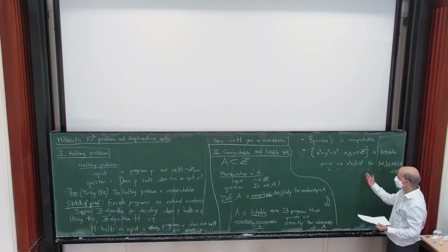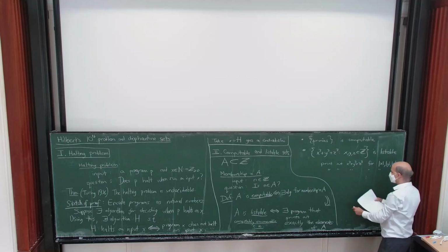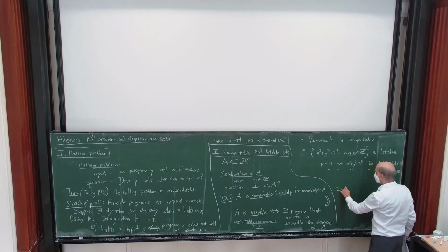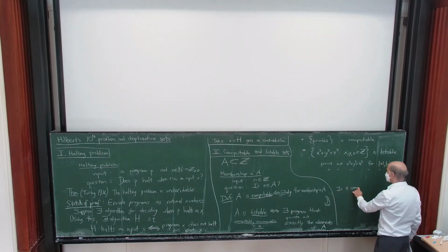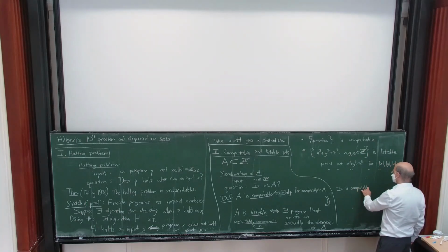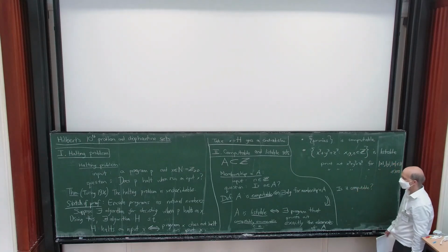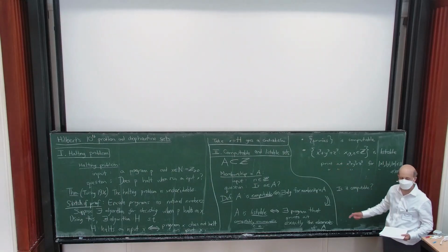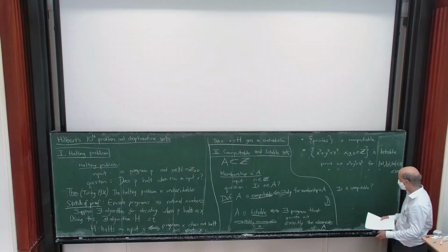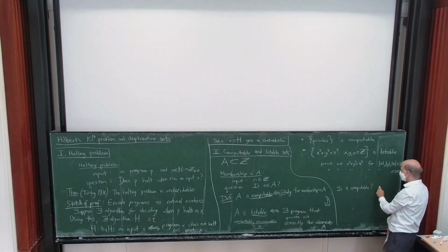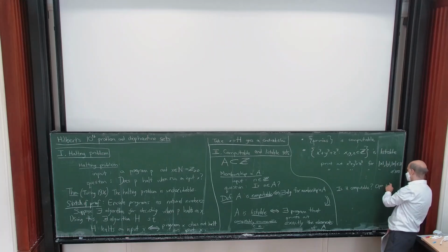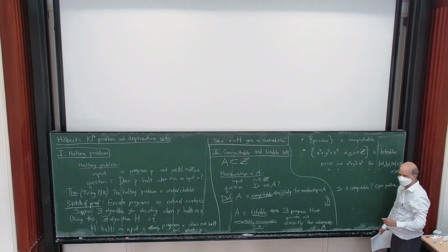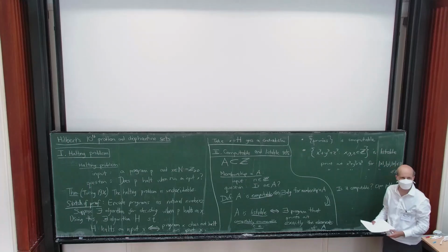But just because it's listable doesn't mean it's computable, because if I give you a particular number like 114, it's not clear that there's a way to decide whether it is a sum of 3 cubes. In fact, for this particular set, whether it's computable or not is an open problem. It's really a number theory problem, but that's okay.